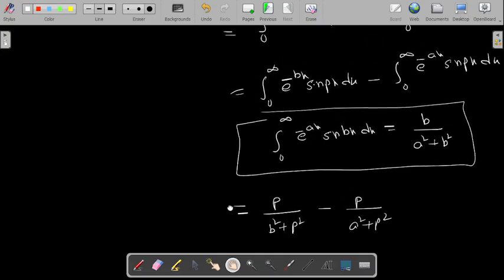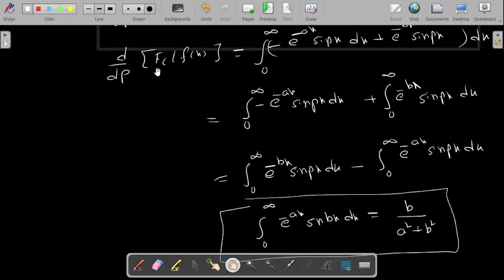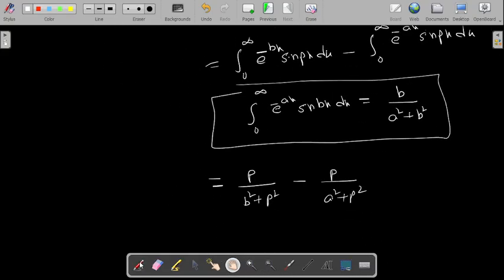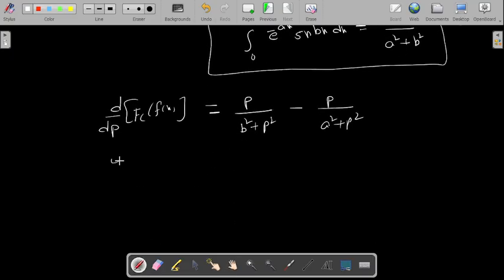So this is all about the differentiation of Fc of f of x. Now what we are doing is integrating with respect to p.